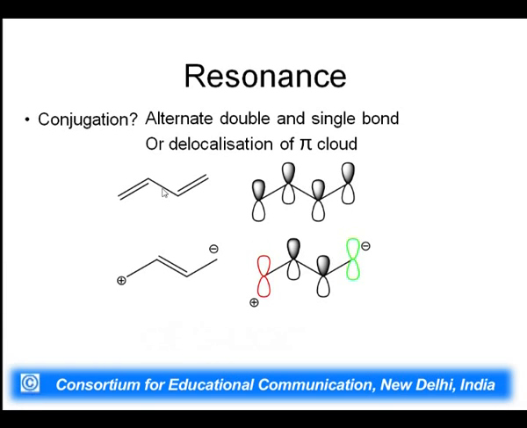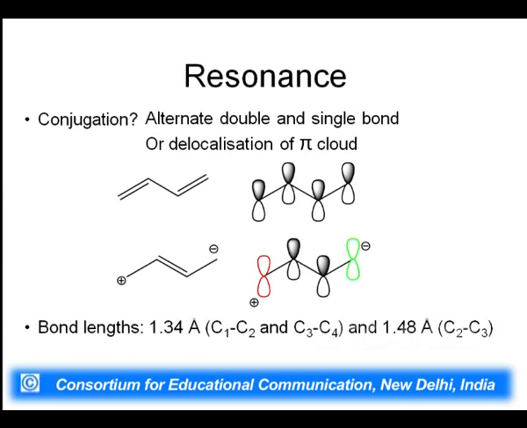So we cannot say that the C2-C3 bond is a single bond. Why? Because in this structure there is an overlapping of pi cloud, and it depicts that this bond also has some double bond character, and these two bonds also have some single bond character.